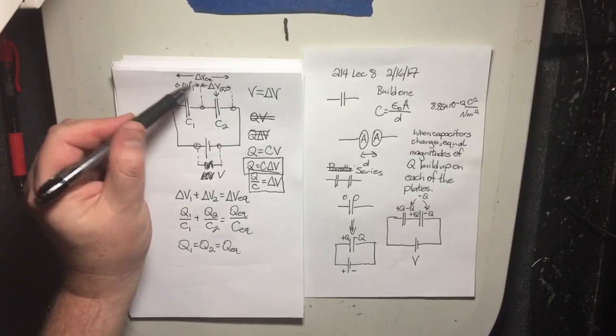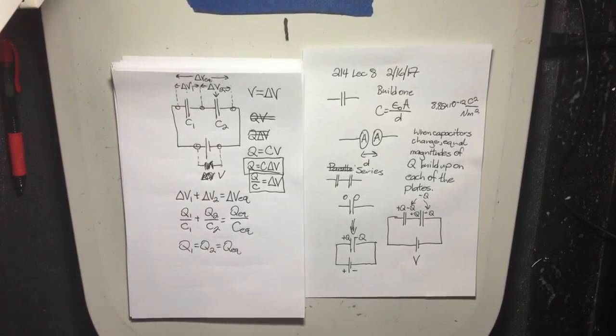Is it necessary that delta V1 equal delta V2? No, it isn't required that delta V1 equal delta V2.